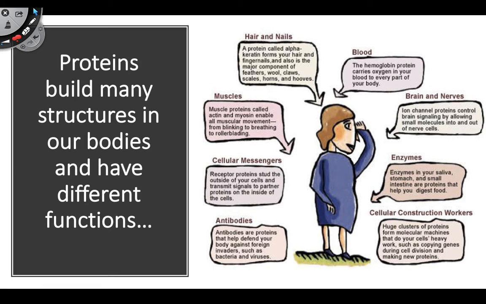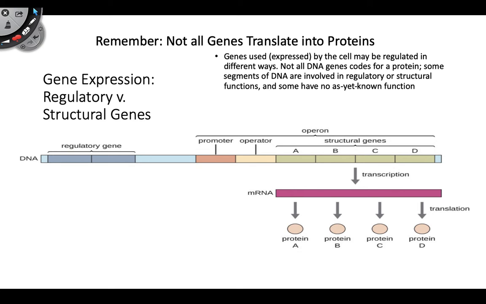So the functions of proteins are definitely numerous. We could not live without our proteins, and that's why we have thousands and thousands of proteins, all with different functions. Now, one last note to remember, and we saw this in our last lesson, that not all genes are able to form proteins, right? Not all genes within the DNA are structural genes that are able to be translated into proteins.